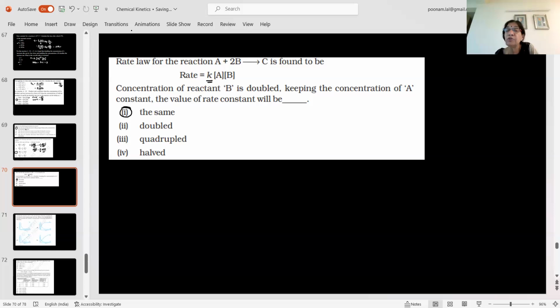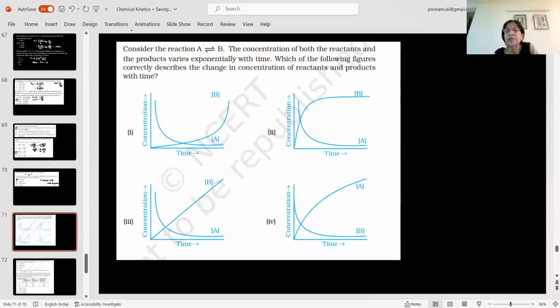How will it change? It only changes with temperature. Okay, so K changes only with temperature. Only with temperature.